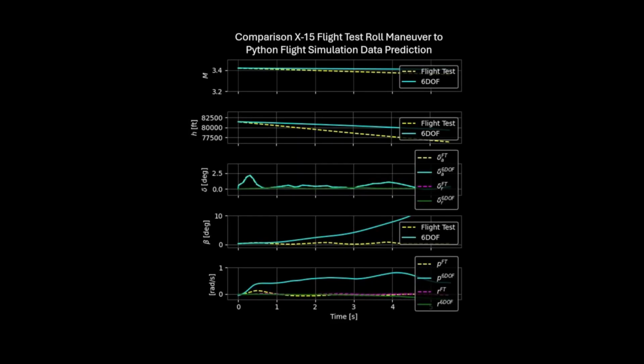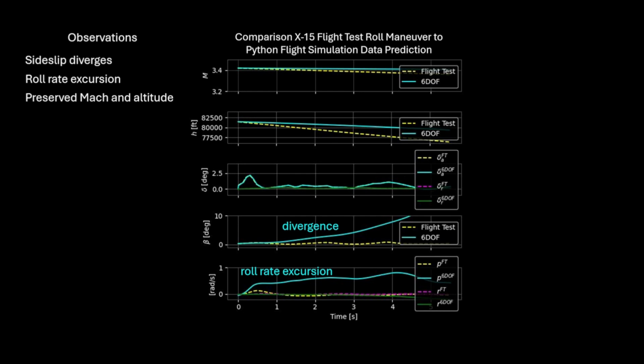The initial simulation results were very different from the flight test data. We observed our simulation predicted divergence in side slip, in contrast with the stable flight test result. The simulated roll rate significantly exceeded the flight test. We also saw better preserved altitude and Mach in the simulation compared to the flight test.